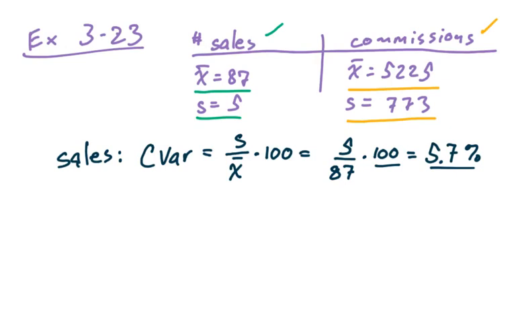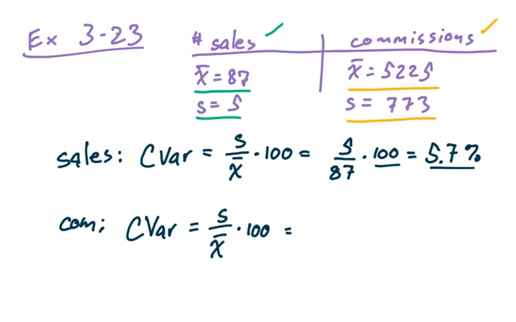Okay. For the commissions, let's just say COM, our coefficient of variation is going to be the standard deviation divided by the mean, times 100. Okay.